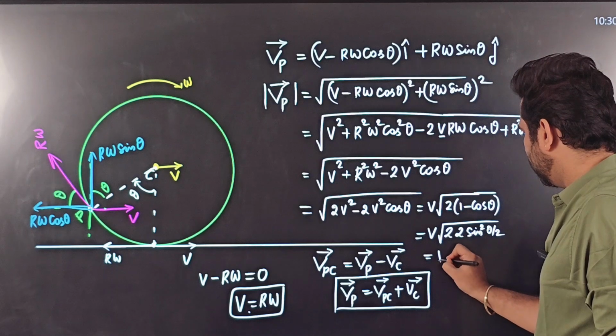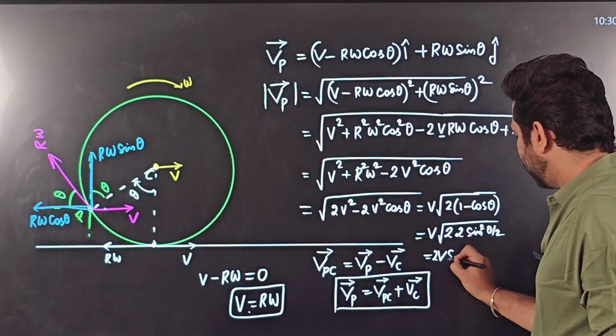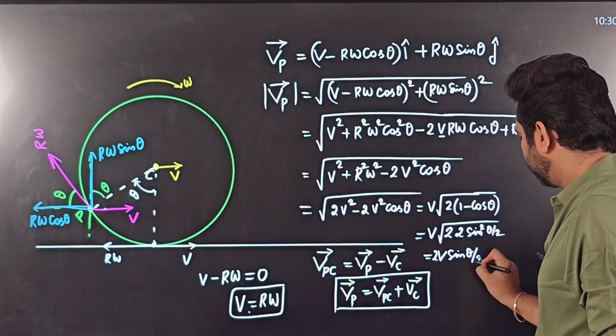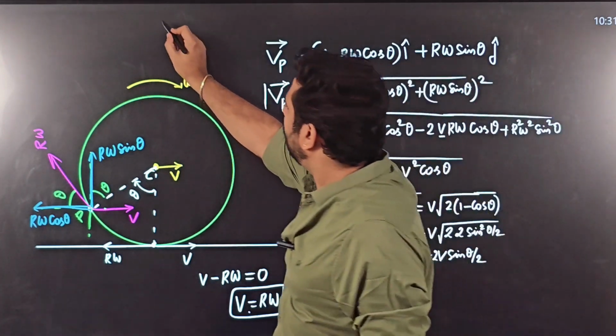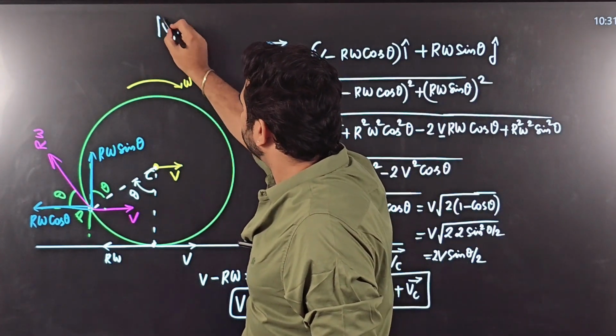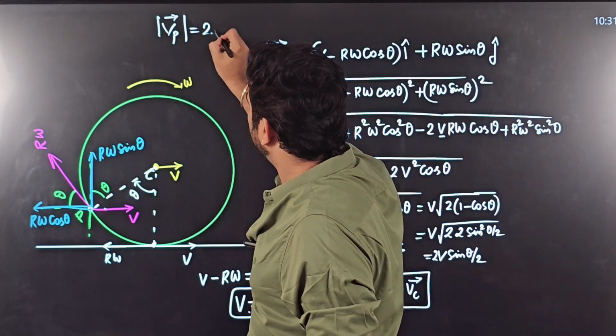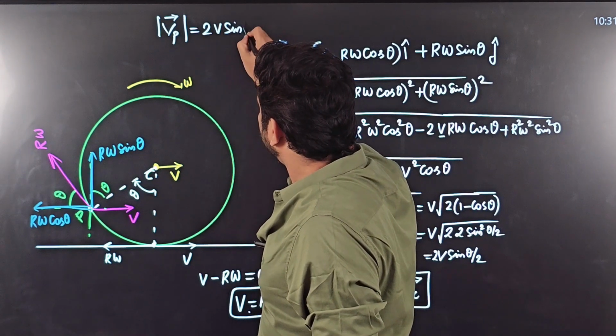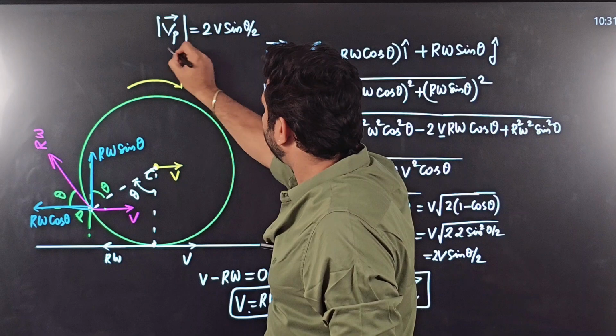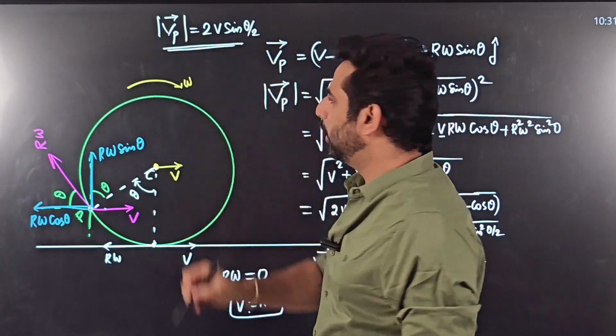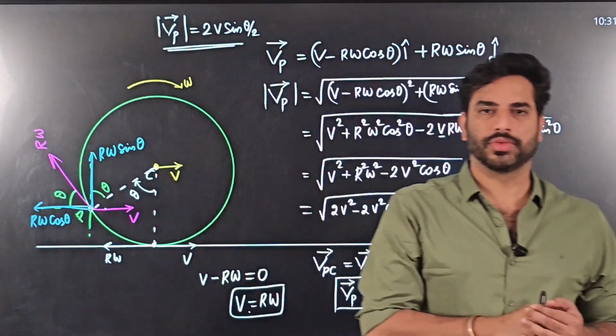So this is finally 2V sine theta by 2. The magnitude of velocity of point P is 2V sine theta by 2. This is the final result of the magnitude of velocity of point P.